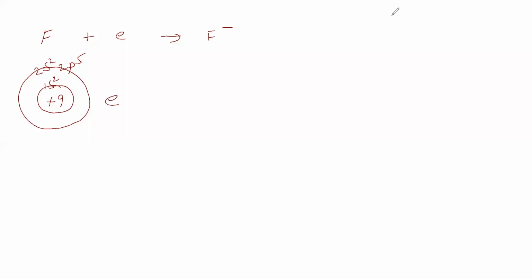Between the nucleus and the incoming electron, attraction is possible. Due to attraction, energy is liberated. Between the electron cloud and this electron, repulsion is possible. To overcome the repulsion, the system absorbs heat. The net energy change is called electron gain enthalpy.